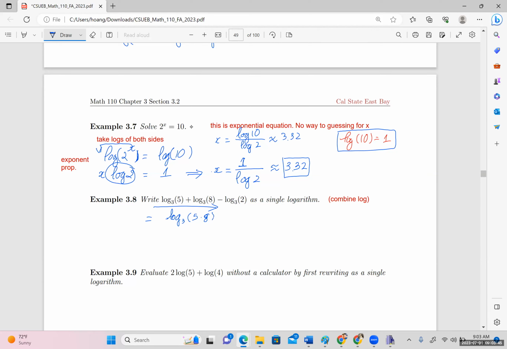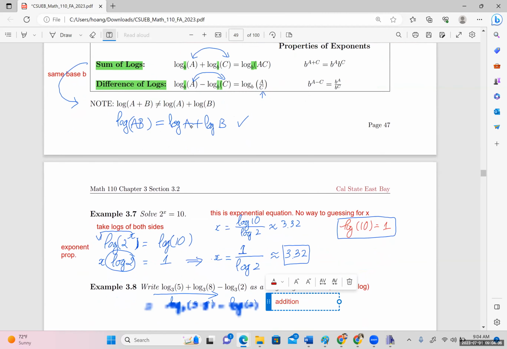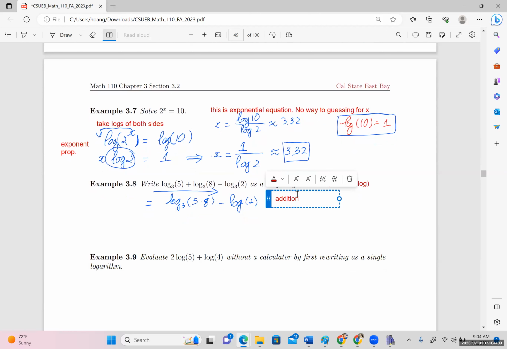There is an additional property, minus 2. And I say using addition, the sum of logs.